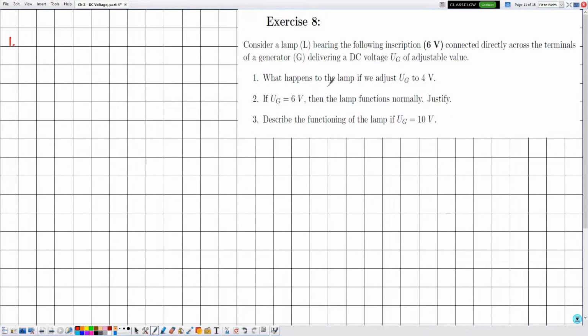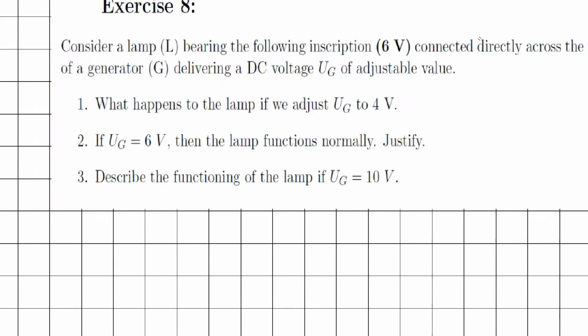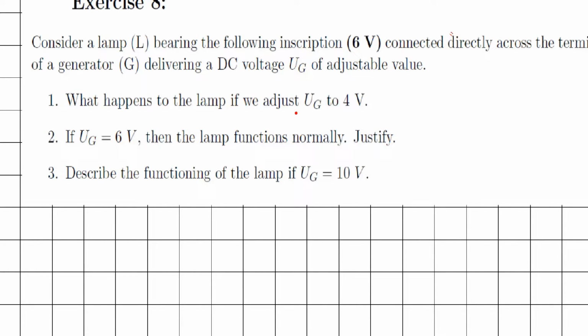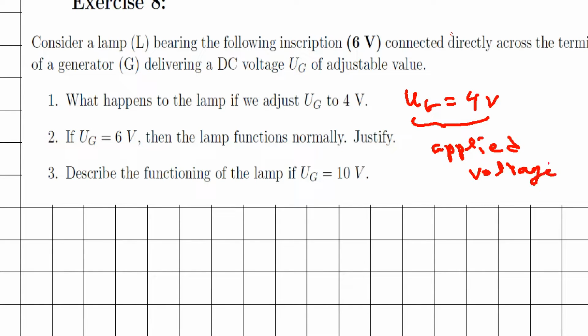Now they are telling me what happens to the lamp if we adjust UG to 4 volts. Notice that now the voltage of the battery, UG, is equal to 4 volts, and we always compare. This is the applied voltage, because this is the one that we are applying to the lamp, and this is the rated voltage.